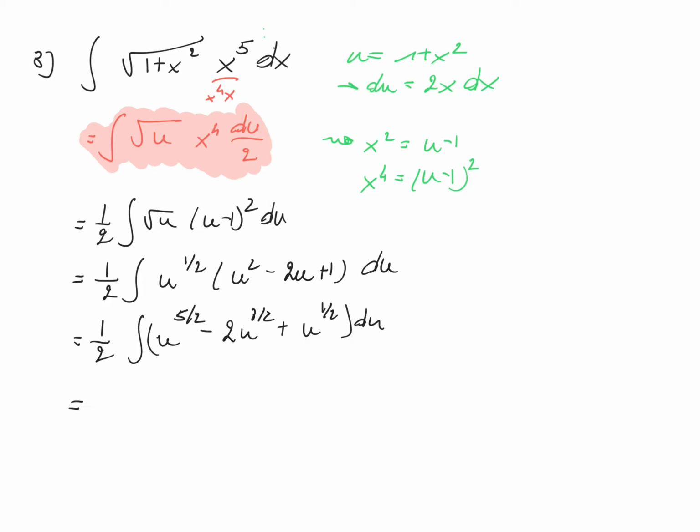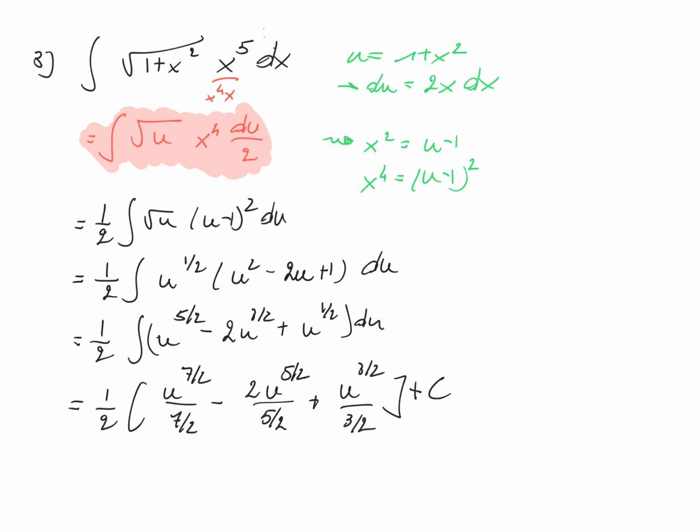And then this is a basic integral, it's u to some power, so you can immediately solve it. And then in the final step, you replace u again with 1 plus x squared.